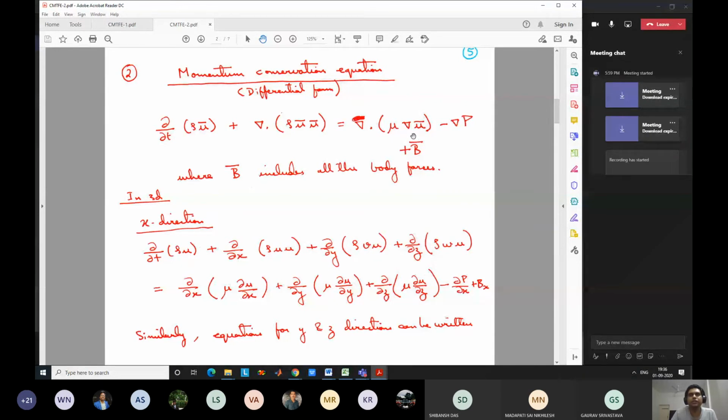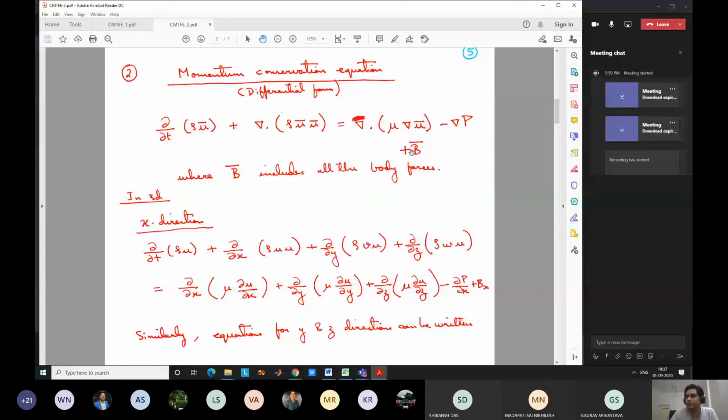Mu is the viscosity. Minus gradient of p. For the momentum conservation, any other surface forces will have a similar type of treatment. Gradient of p is only for the pressure. Any other body forces we can include in a separate term or a source term like B.